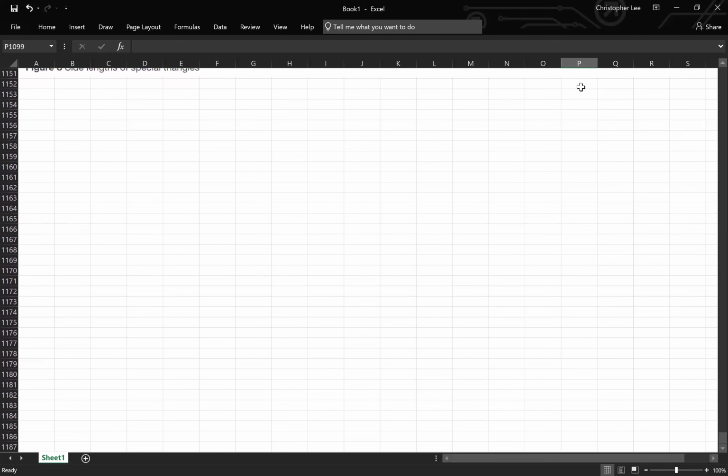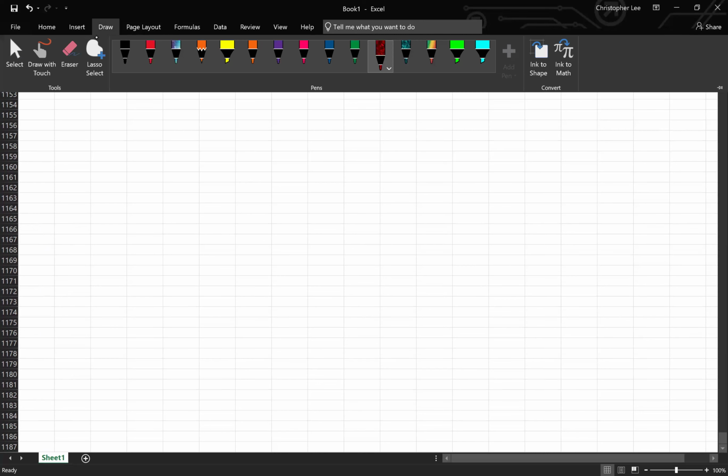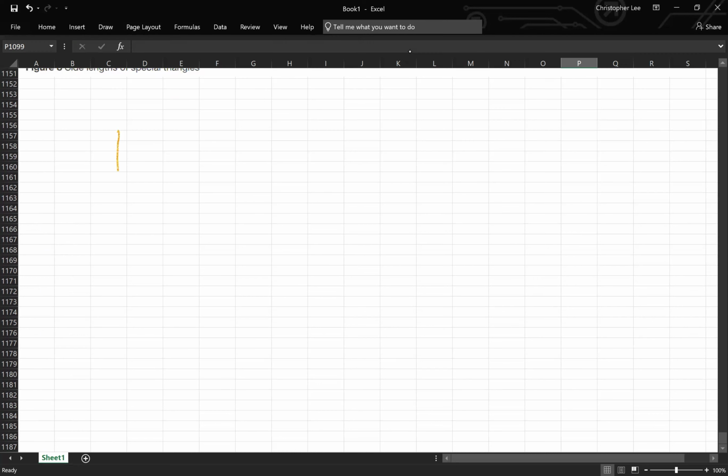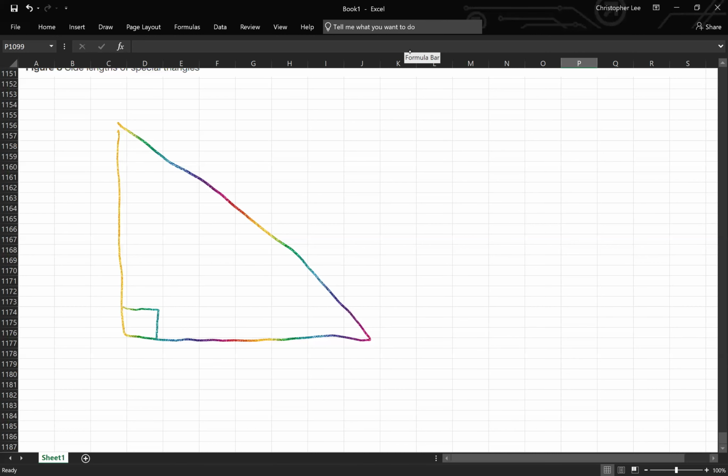So we have two special right triangles. I'm going to do this one in rainbow. So I have two special right triangles. This is one of them, right? In this special right triangle, there goes my 90-degree angle right there.